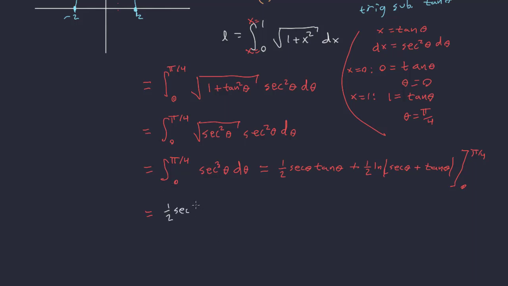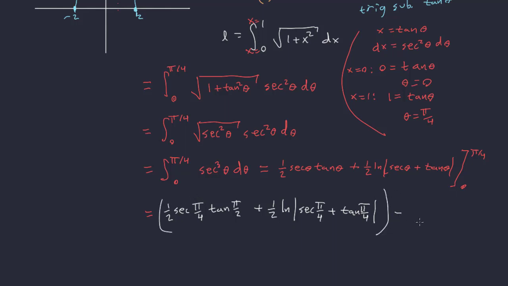But so what we'll have is 1/2 secant pi over 4 tangent pi over 4, plus 1/2 natural log of secant pi over 4 plus tangent pi over 4. Okay, so that's plugging in the pi over 4.